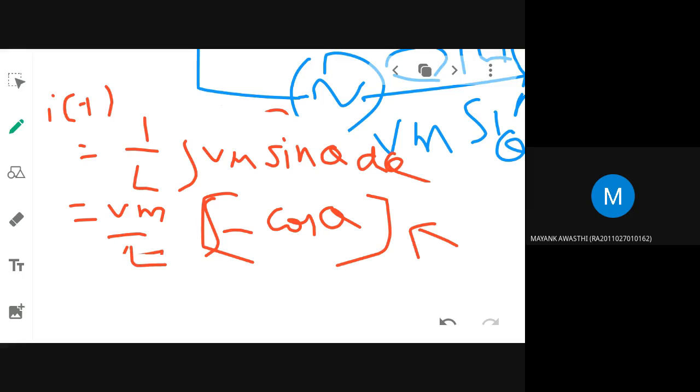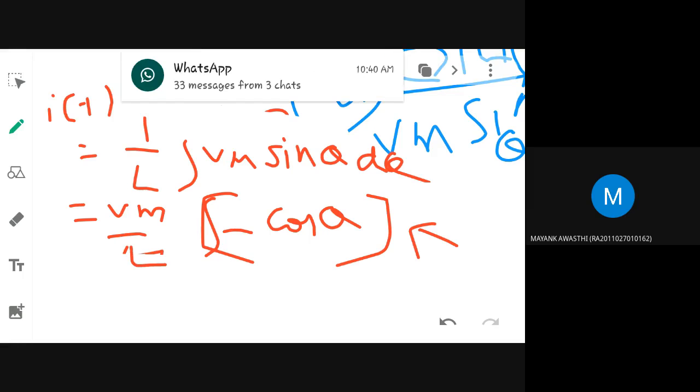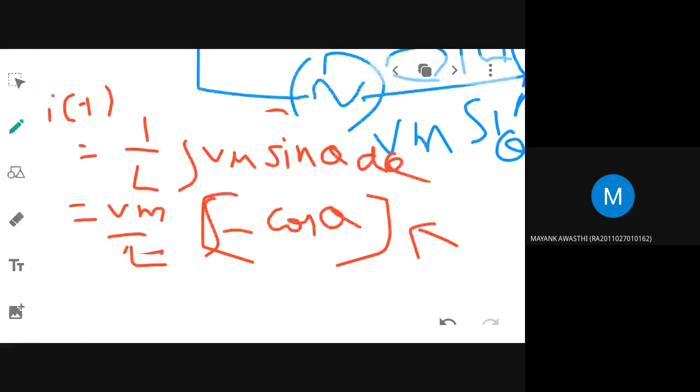The integration of sin theta is minus cos theta only. So I can write this as Vm by L sin of theta plus pi by 2. Yes or no?